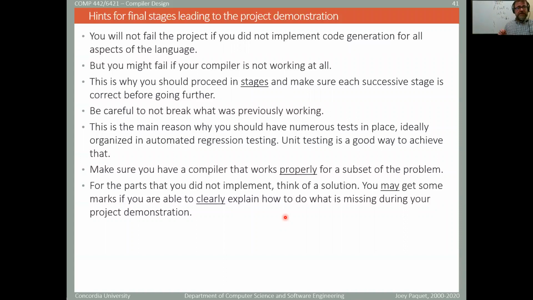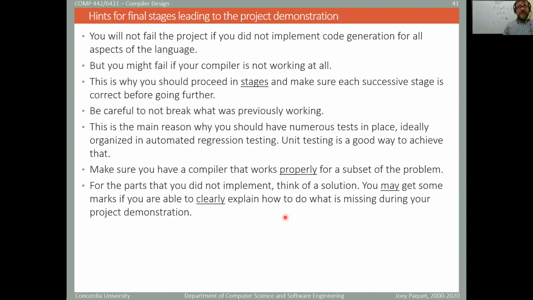If, for example, you may generate code but you cannot execute it, you have to be ready to show me the code that you generate and explain clearly why this is correct code, even though you cannot execute it.